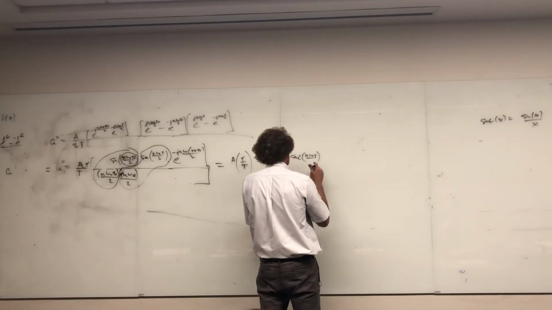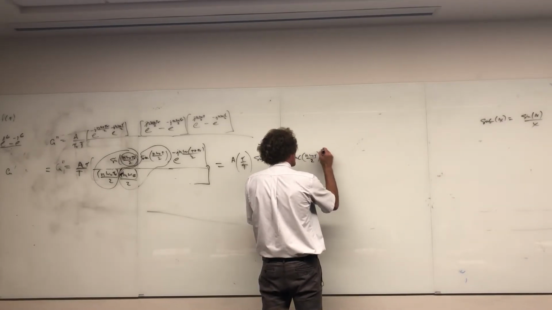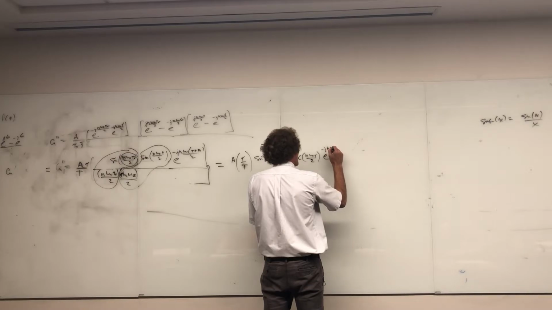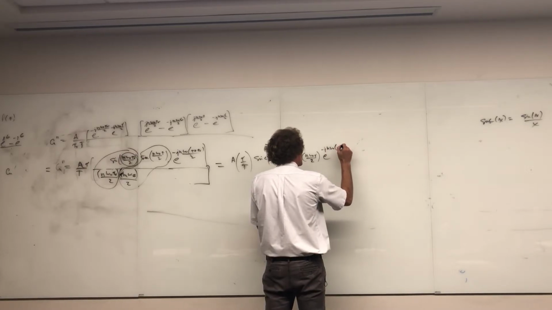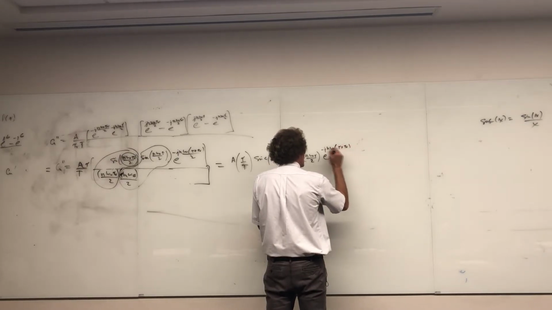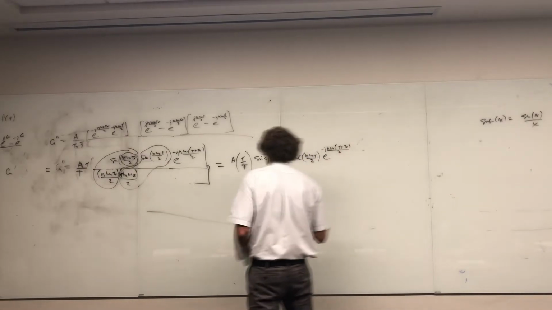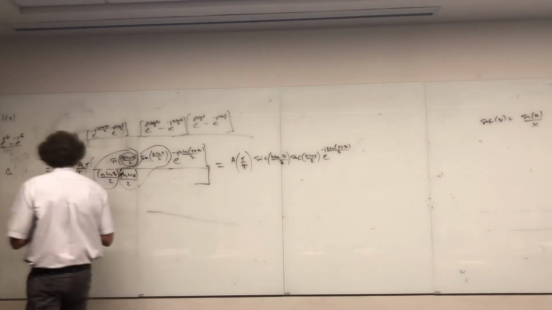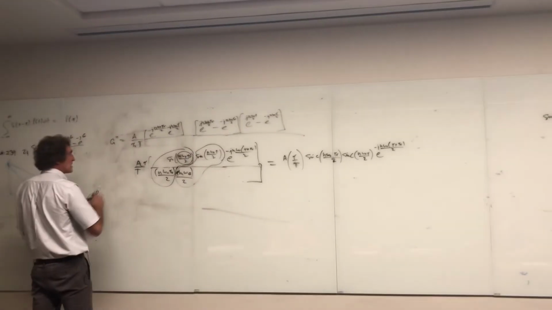Yes, you're right, times e to the minus j n omega naught, and it's really tau plus tau rise, whole thing over 2. But that's my value of C of n.